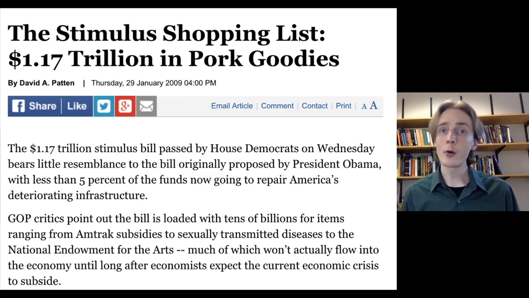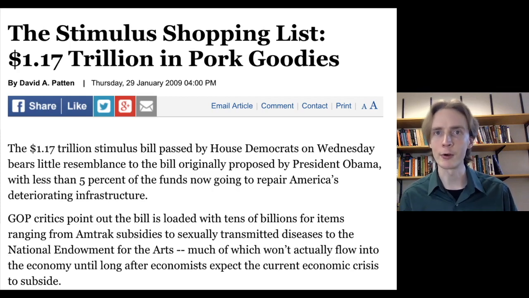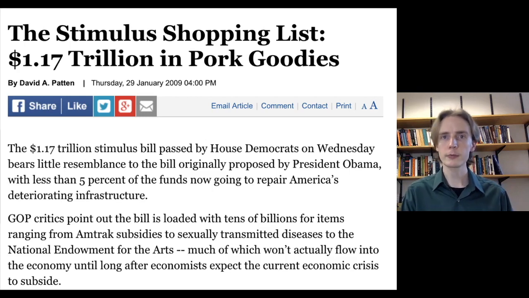And in this case, not only did you not get a real stimulus because it was financed by borrowing, right? It didn't really affect the volume of spending all that much, but you've also taken resources away from private investment in order to funnel them toward these sort of politically favored projects. And that's going to hurt the economy in the long run. Right? This is going to be a long run sort of misallocation where there's inefficiency.